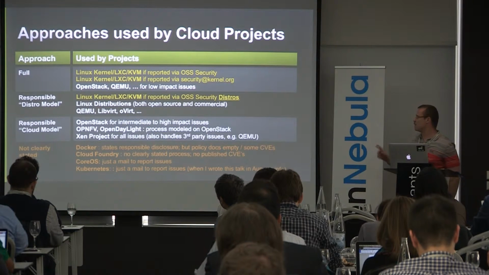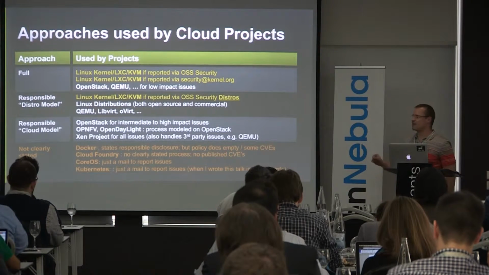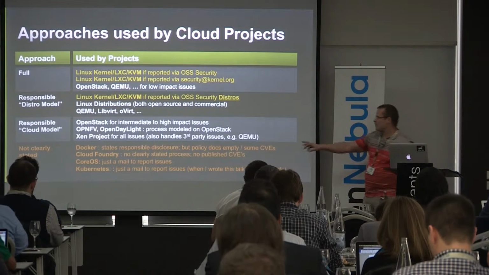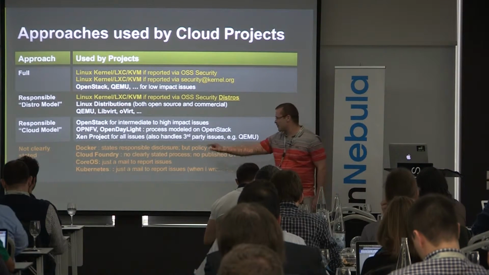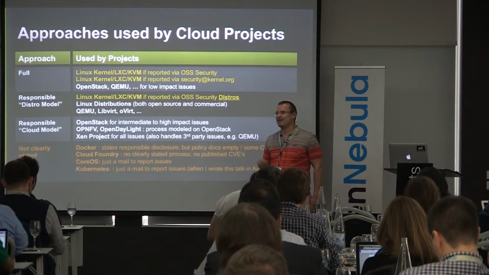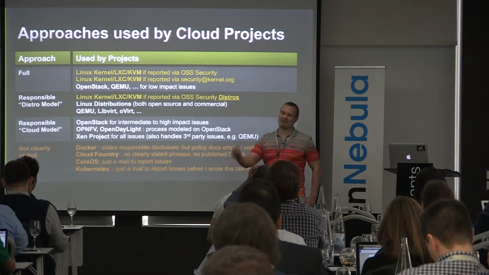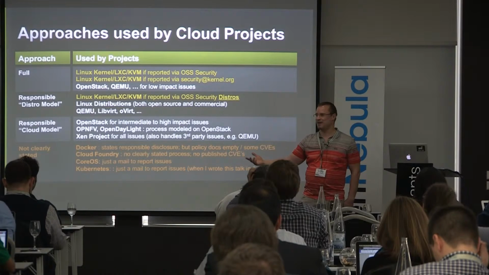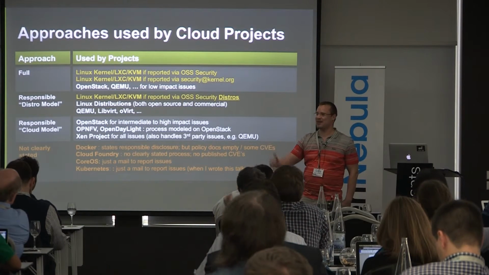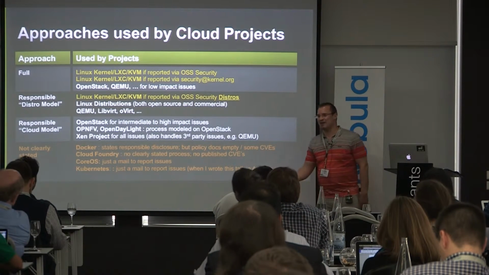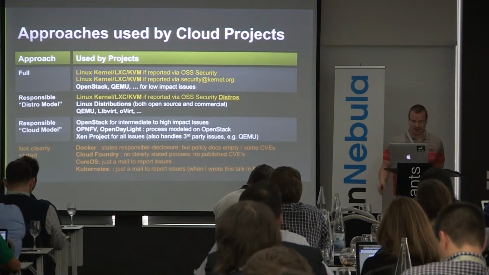But what most of them do have in common is that you can actually report issues. What was interesting, Kubernetes, when I gave this talk originally in August, they didn't have a way to report issues, and then somebody of their guys was sitting in the audience, and a week later they actually had an address available on the website to check.